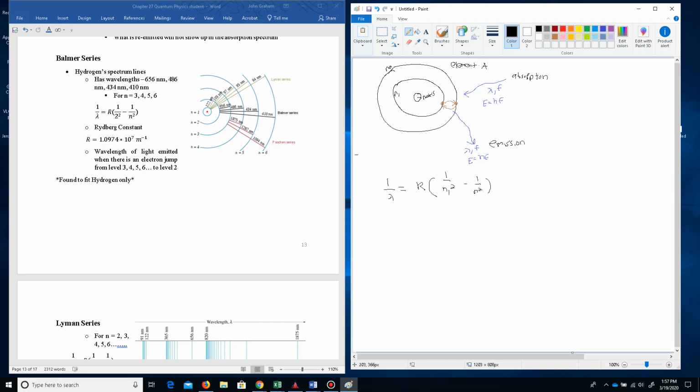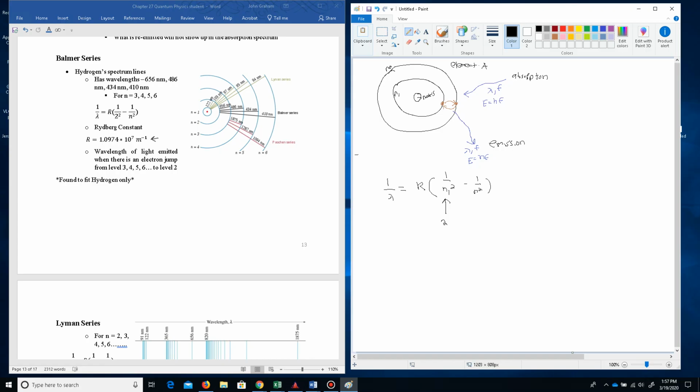But this R is now a different constant. It's 1.097, and that comes from the fact that we're now looking at wavelengths instead of the energy. And the biggest thing with this Balmer series is it's setting this N1 at 2. So it's looking at everything coming down to that second level.